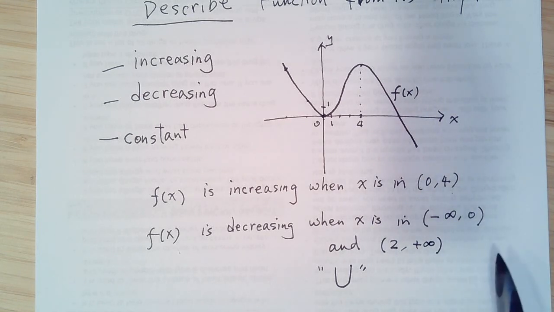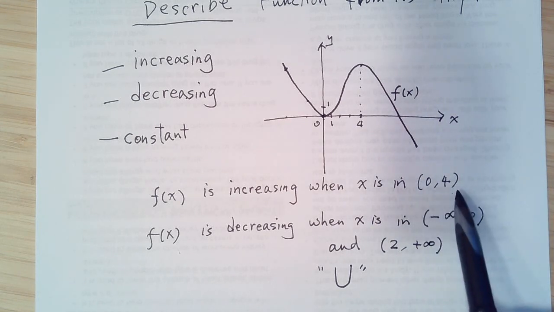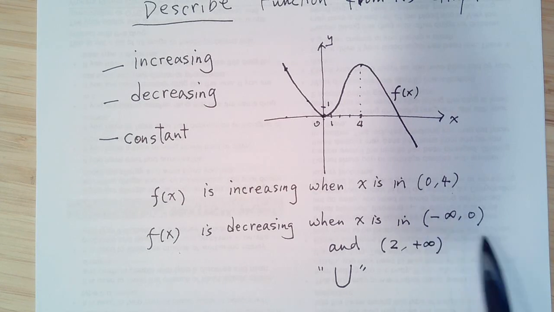Okay, you might notice here I always use the parenthesis instead of a bracket. But whenever you see negative or positive infinity, you always use a parenthesis, okay? All right, so we know how to describe it.